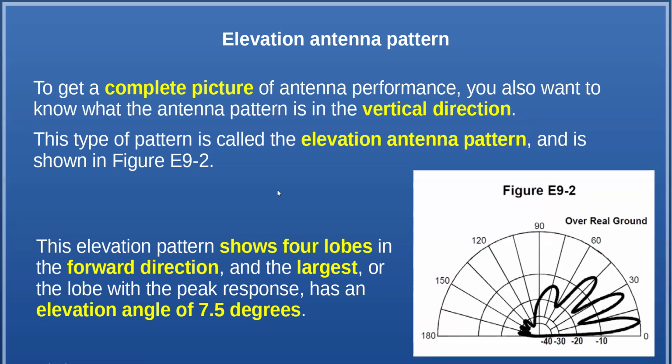Okay, we also have elevation, where you slice it vertically and see what the pattern is. You can see that in this case, it's probably more than a half a wavelength high, so you're getting these extra lobes.